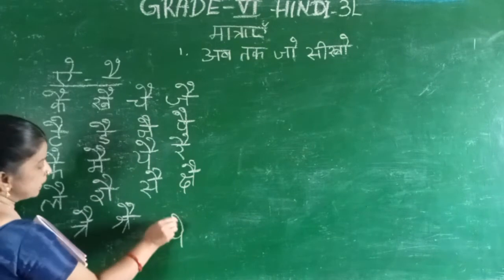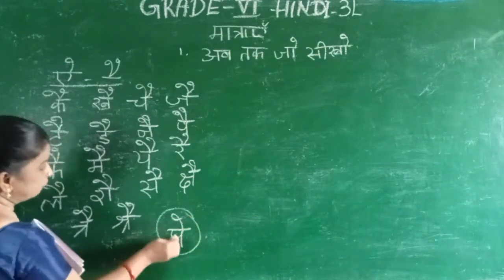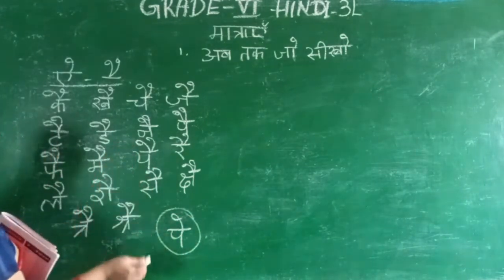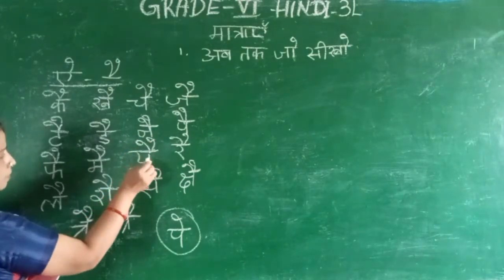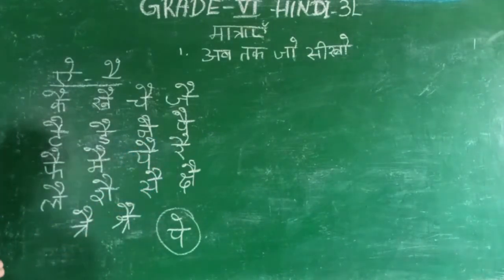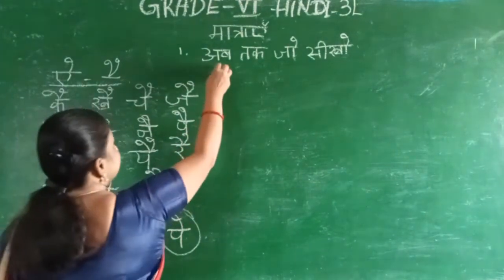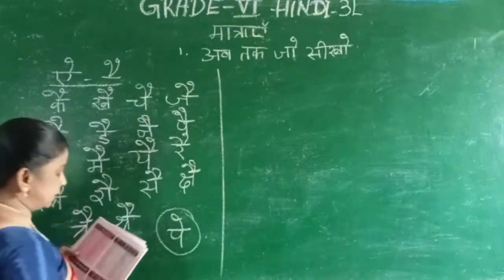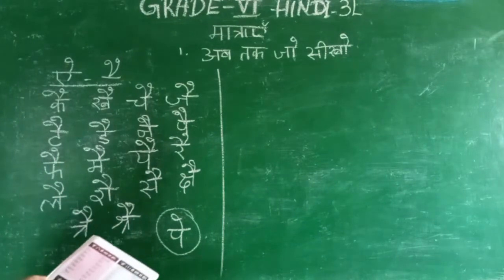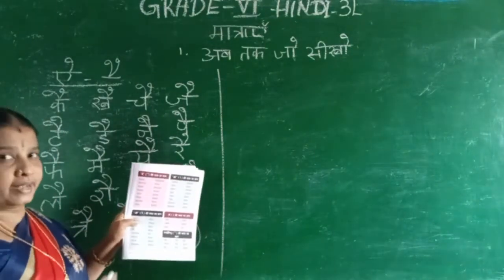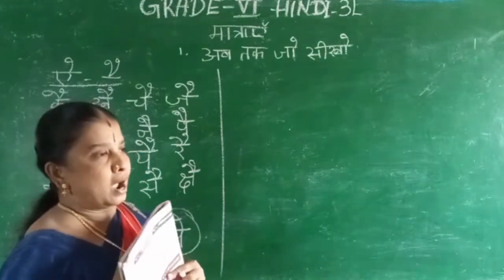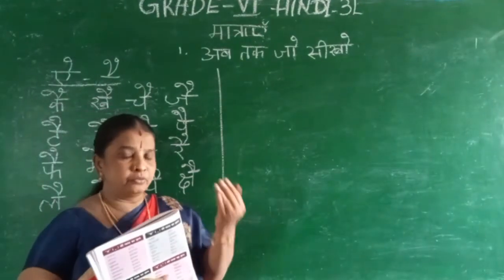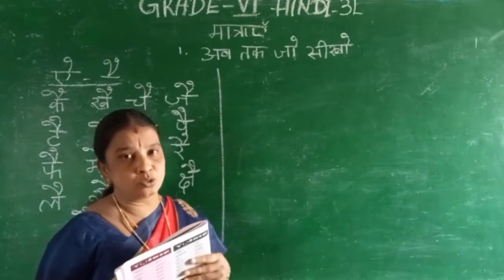For example, A. But what is the difference between A matra and I matra? Here we are going to complete the two matras. The sound makes I sound. Is it clear? Now, some words also we are going to see. This one is in our book also. After completing this video, I will give the classwork also for the first lesson.